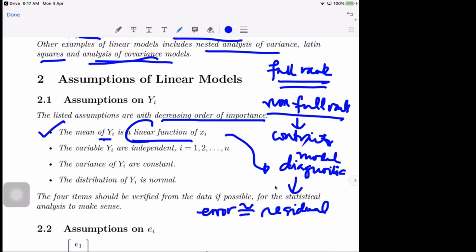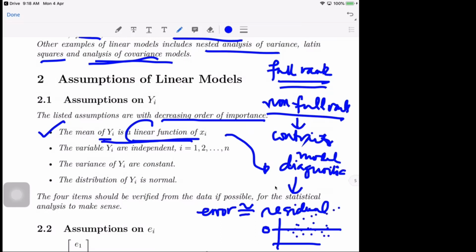So when we check the residual, it should follow a horizontal line about 0. If it follows a horizontal line, then it means that y is a linear function with respect to x.